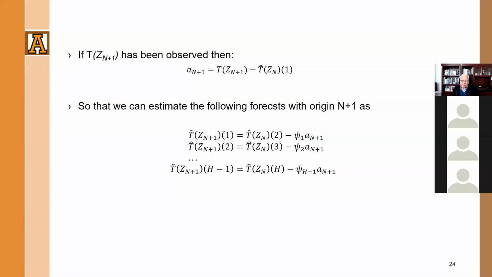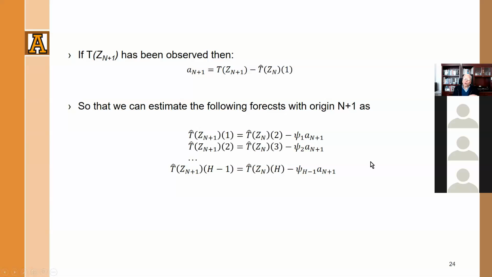Then the forecast that I do now at N+1 today, 2 periods ahead, I take the forecast that I did yesterday, 3 periods ahead, which is this one, and subtract psi_2 times A_{N+1}, because well, I know A_{N+1} now.